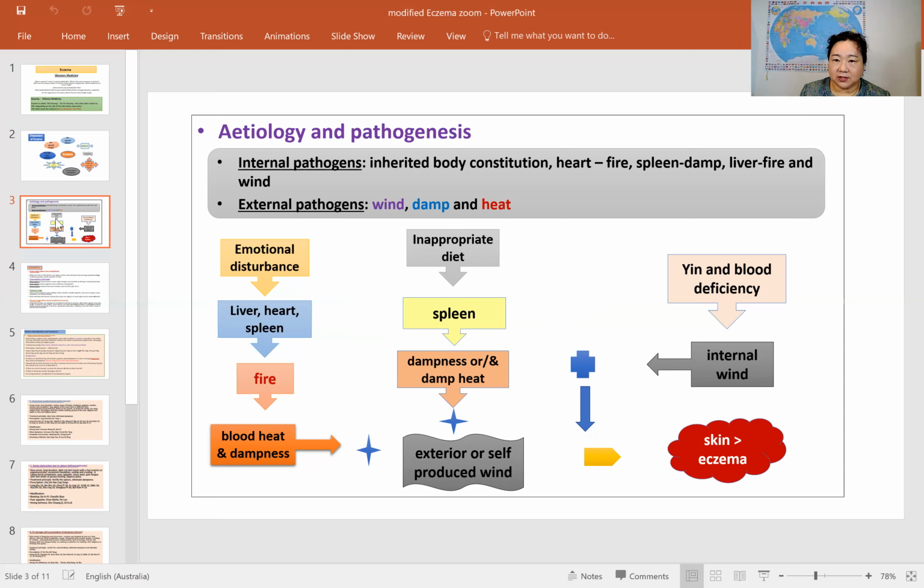Sometimes yin deficiency and blood deficiency can generate internal wind and combine with dampness in the body, or combine with exterior wind. Remember, wind damp heat produces skin eczema. So there are three different kinds of pathogenesis.